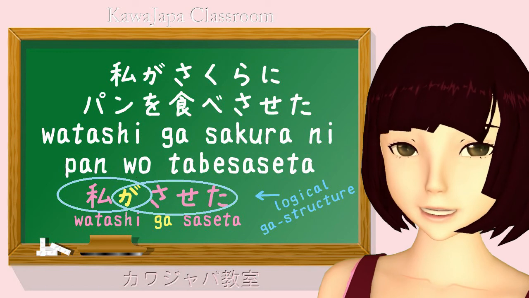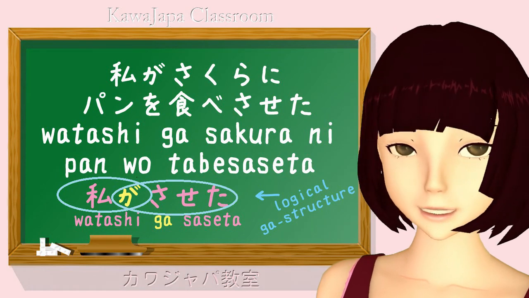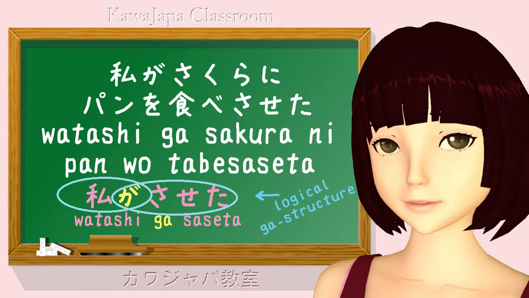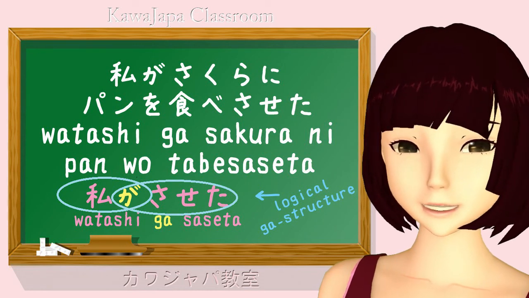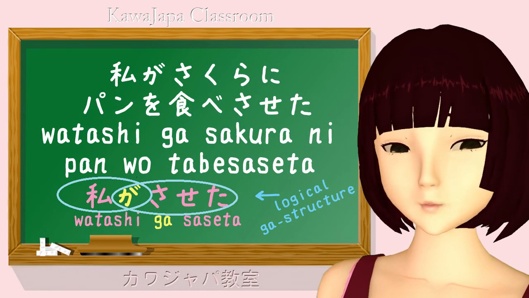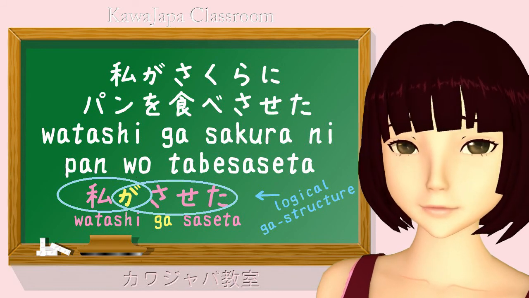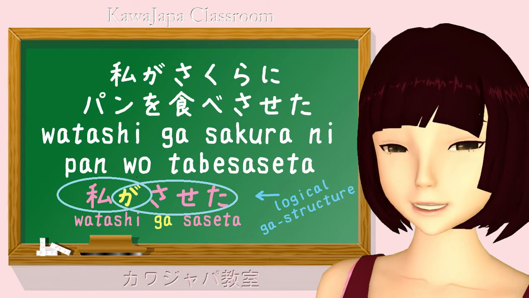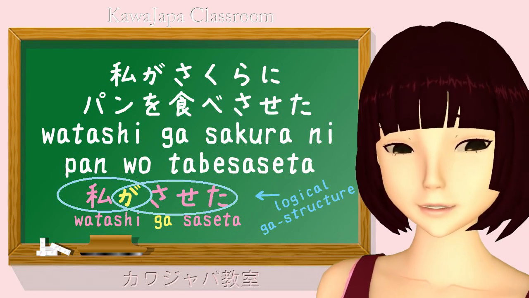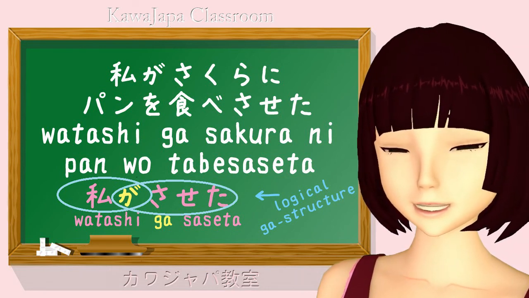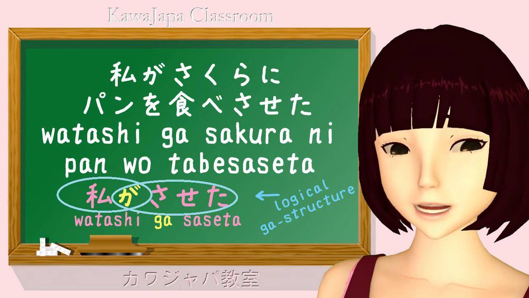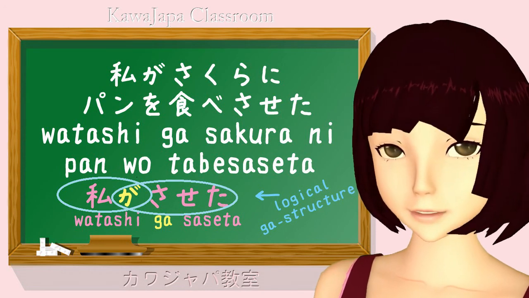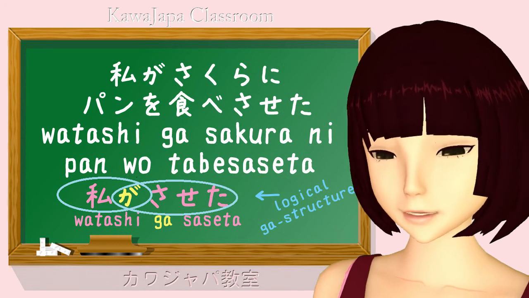The doer is me. The thing I'm doing is causing. Everything else in the sentence is telling us something more about what I am causing. I am causing Sakura to eat bread, but all of that is simply additional information about the fundamental skeleton sentence, Watashi ga saseta.